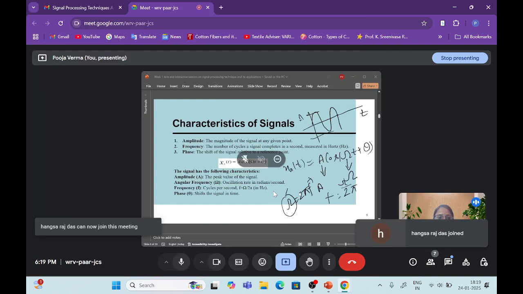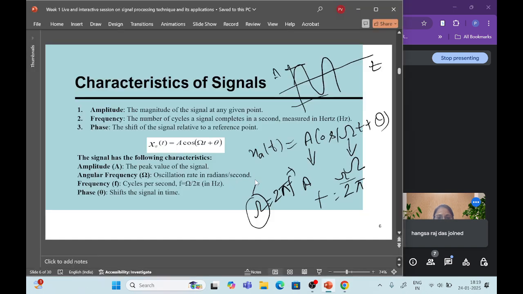Now next one is phase, that is theta. It shifts the signal in time. For example, we may want to shift the signal by 0, 90, 180, or 270 degrees, as we already know from this theta. So these are the main three characteristics of any signal: amplitude, frequency, and phase.